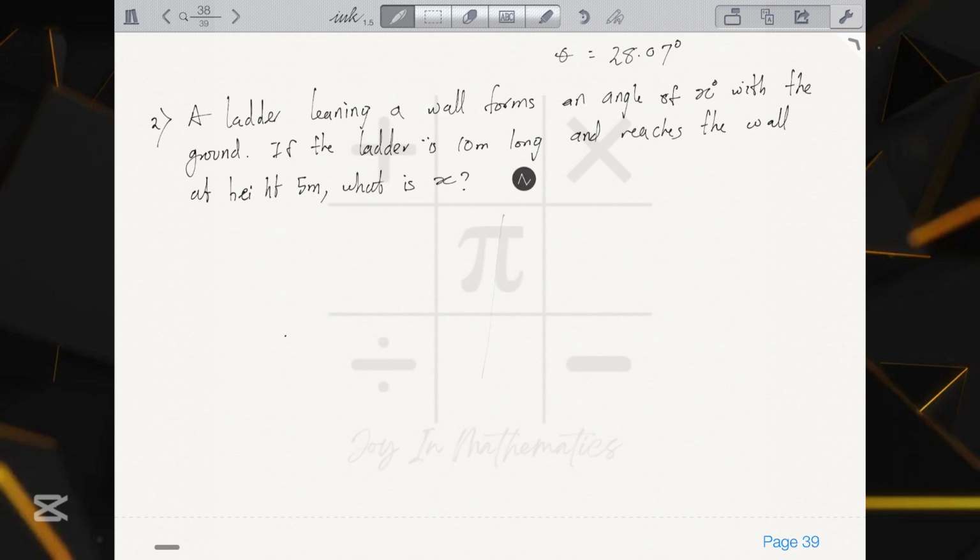So let's have a wall, and then we have a ladder leaning against the wall. This is the ladder, and the ladder forms an angle with the ground of x degrees.